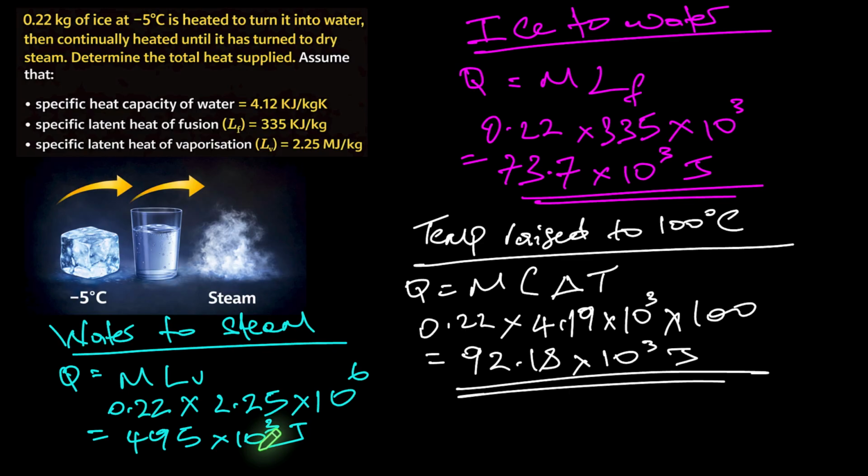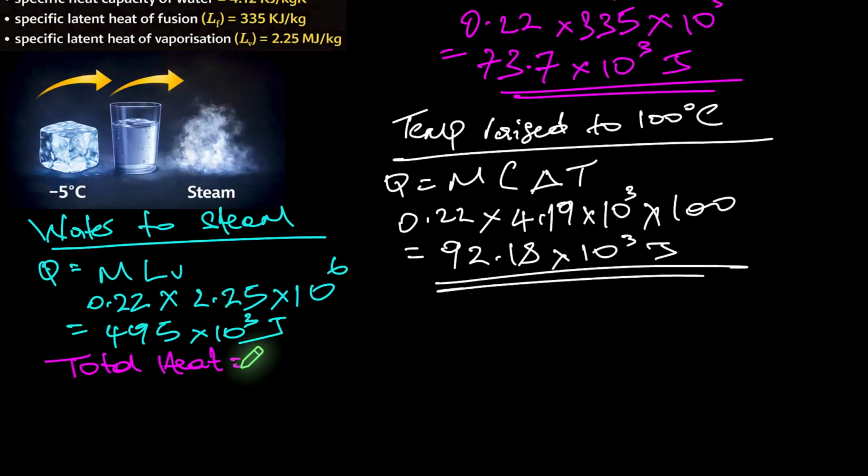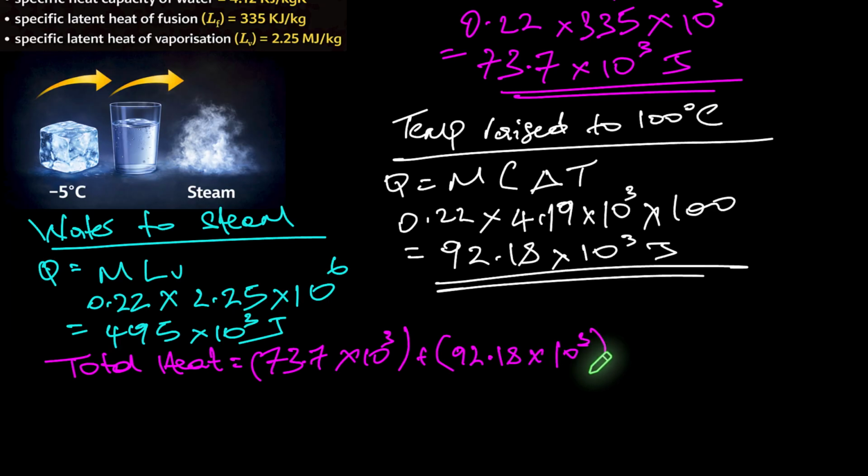So at this point we have one last thing to do, which is to evaluate the total heat supplied. So for our total heat, we're just going to sum everything up. We have our 73.7 times 10 to the power of 3, add to that our 92.18 times 10 to the power of 3, and then finally our 495 times 10 to the power of 3.